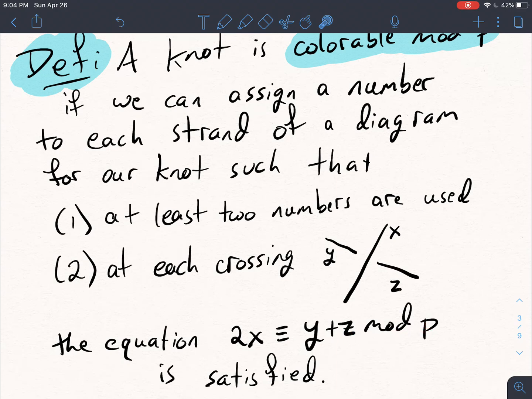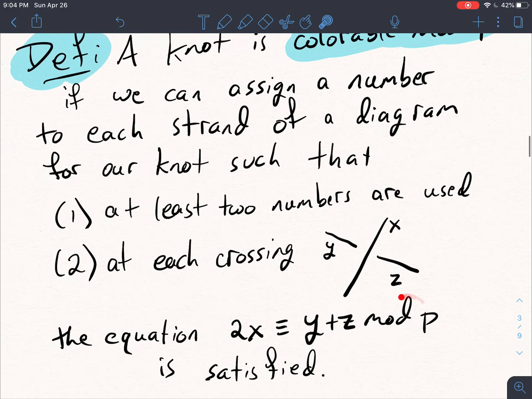So if we have this, then we need the equation 2x is congruent to y plus z mod p to be satisfied. So in other words, if I add my two understrands, that should be equal to 2 times the overstrand, modulo this prime number p.